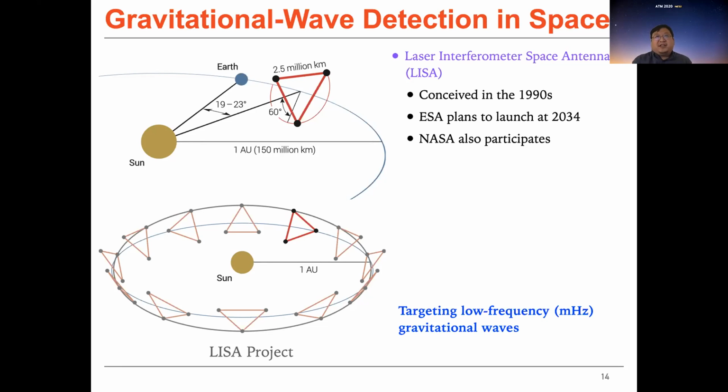So these projects were conceived in the 1990s, or maybe even earlier, okay? And then the current plan by the European Space Agency is to launch the LISA project in around 2034. And the LISA project is an interferometer that circles the sun, and the arm length is 2.5 million kilometers.